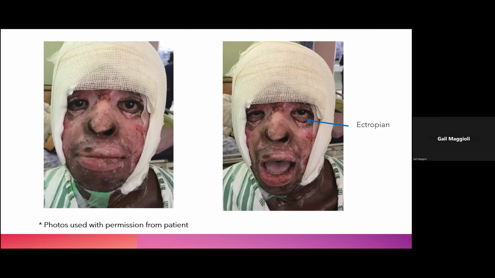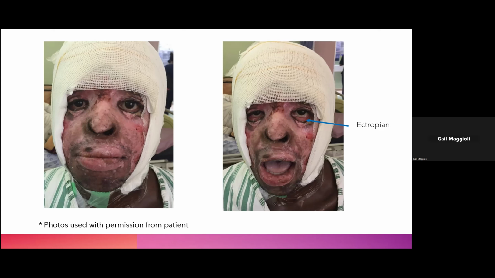And then on the second picture, all I asked him to do was to open his mouth for me. And as he opened his mouth, because the skin was contracting on his cheek, you can see where the ectropion happens on the eye, pulling down the lower eyelid. So from an aesthetic point of view, as well as a functional point of view, you can see the importance of trying to manage these contractures for general facial expression and for function.